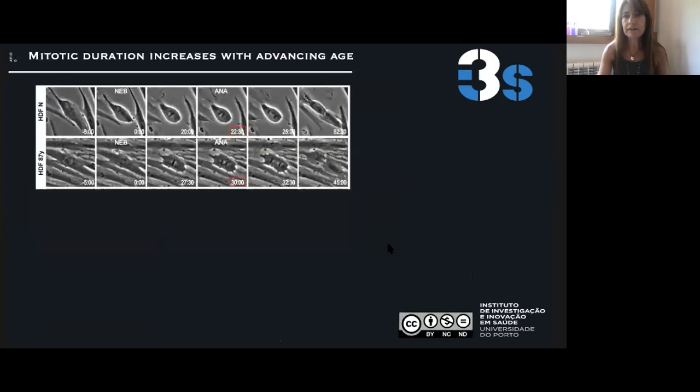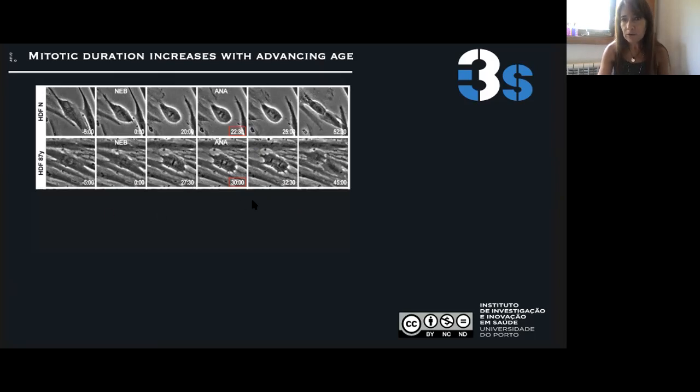To investigate the cell cycle behavior of fibroblasts from the different age individuals, we performed long-term phase contrast live cell imaging. Interestingly, we found that not only the number of dividing cells decreases with advancing age, but also the interval between nuclear envelope breakdown and anaphase onset, which we consider the measure for mitotic duration.